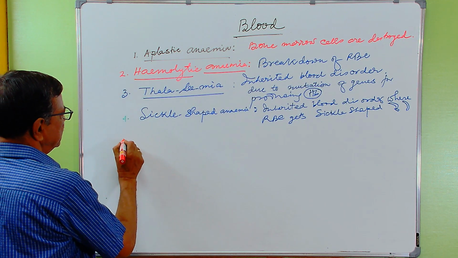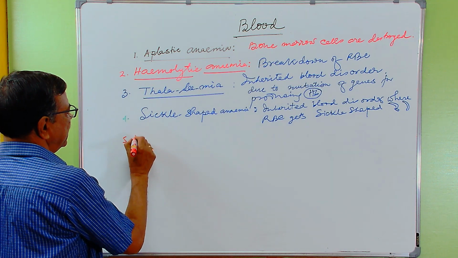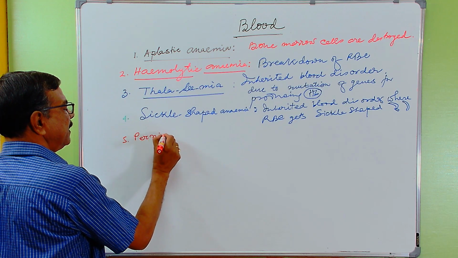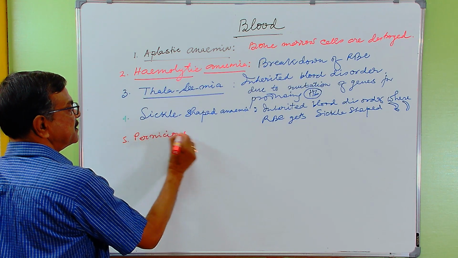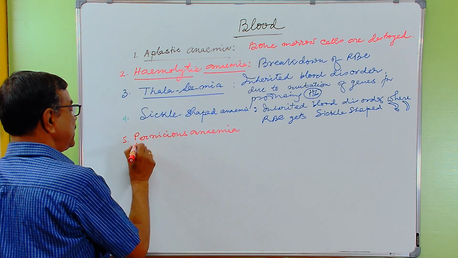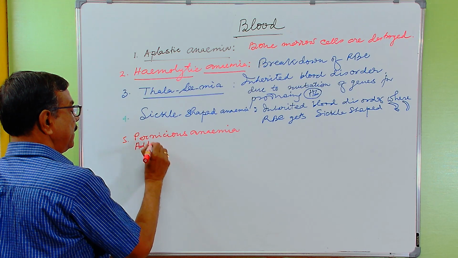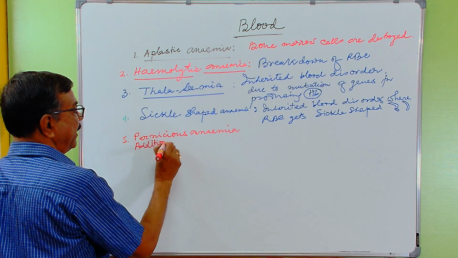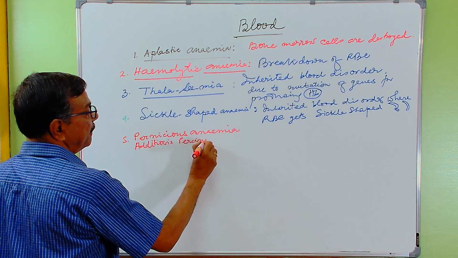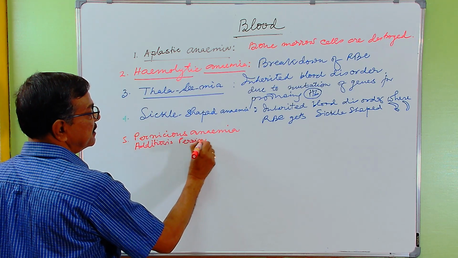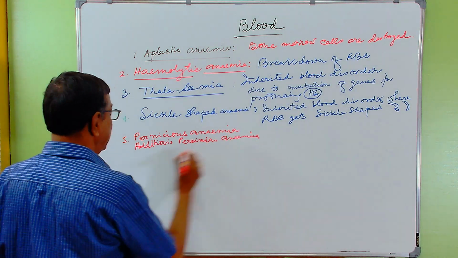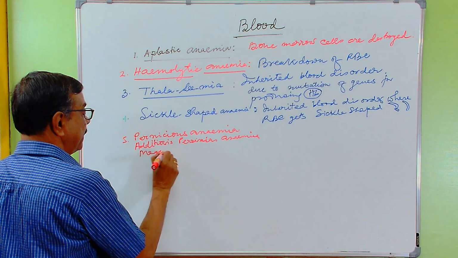Then this is pernicious anemia, or it is called Addison's pernicious anemia, or megaloblastic anemia.